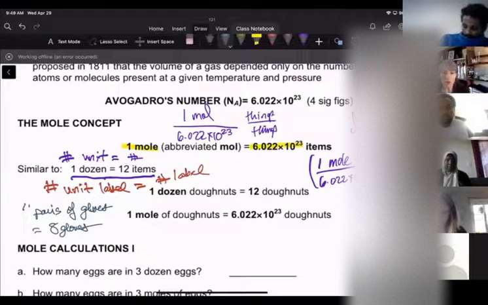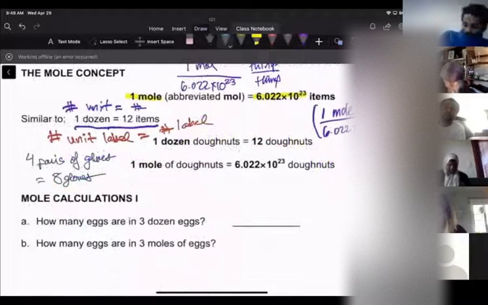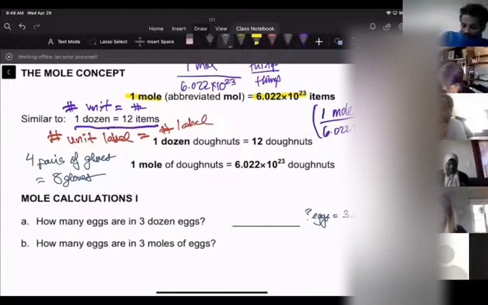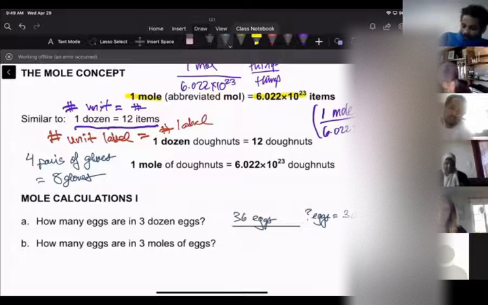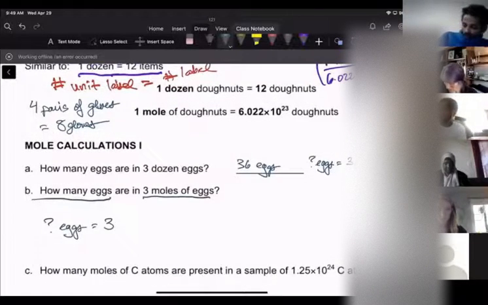All right, so let's take a look at this. We'll do this with eggs. It's just like a dozen. So I'm going to show in dimensional analysis how many eggs equals 3 dozen. 1 dozen is 12, and that's where we get the label of eggs. We'll do exactly the same thing with moles now. 3 moles of eggs.